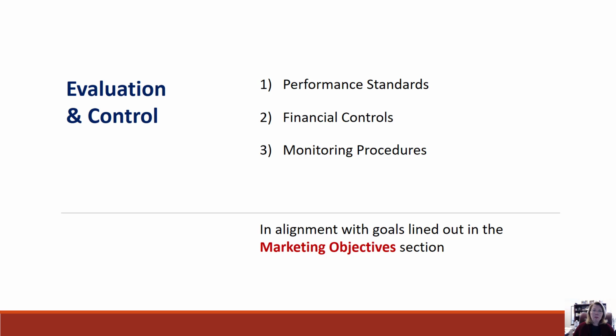So what reporting will be pulled? Are we looking at P&Ls, profit and loss statements? Are we looking at monthly sales, quarterly sales, and who's pulling that reporting, who's responsible for making that report, and who do they report it to? And then finally, what happens if you're not meeting your goals there. So that's the conversation that needs to happen in this plan section.